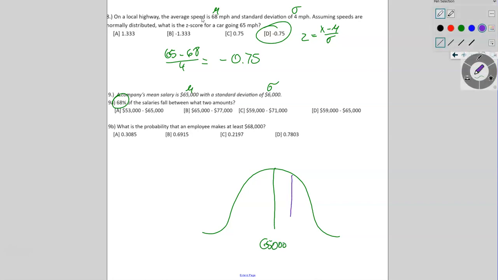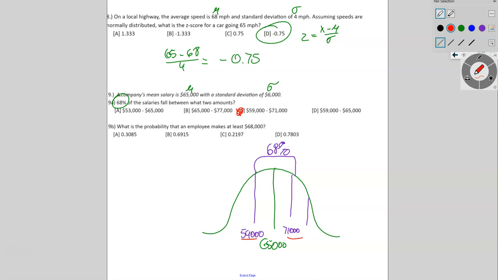For the deviation, I'm going to add 6,000, it's going to be 71,000. For 68%, I don't even have to go further. I can just do one standard deviation on each side. I'm going to subtract 6,000, that's 59,000. So the numbers we're talking about are 59,000 and 71,000.